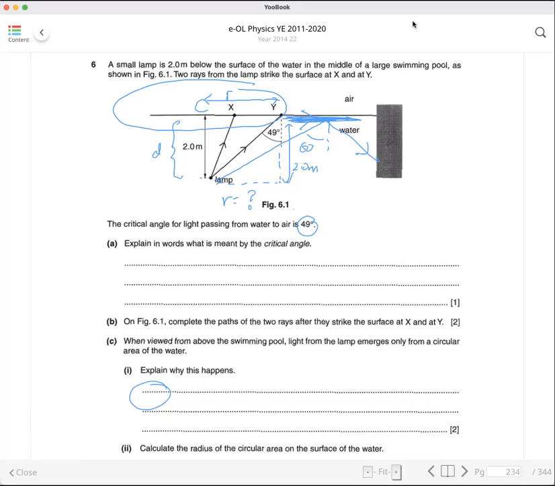If I draw a right angle triangle, I'll get 49 degrees here. This is 2.0, you'll find R. Go and do that mathematically.